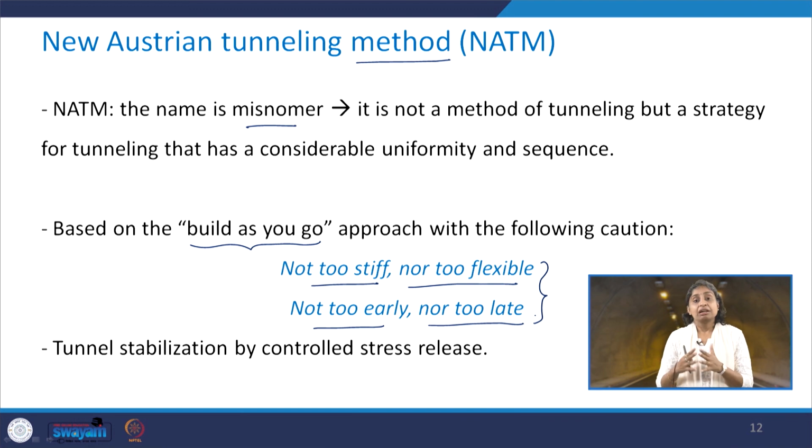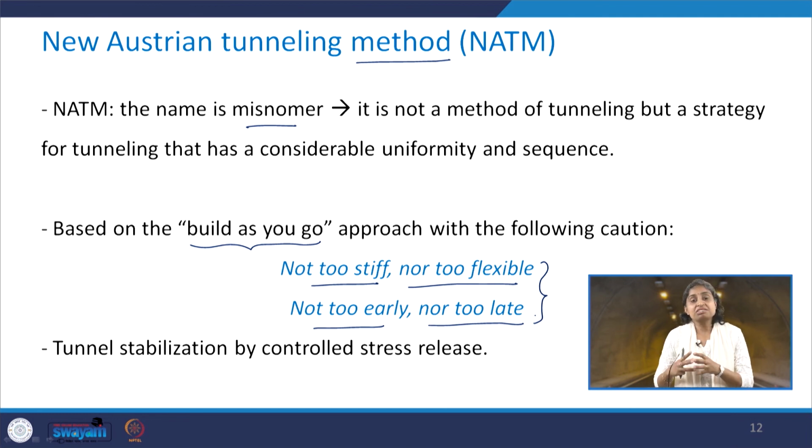This is in connection to the support system. That means we should not provide too stiff a support system, because in that case the allowable deformations are going to be very low, and to restrict complete deformation we need to go for a very heavy support system which may not be economical.